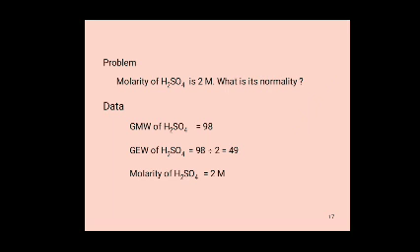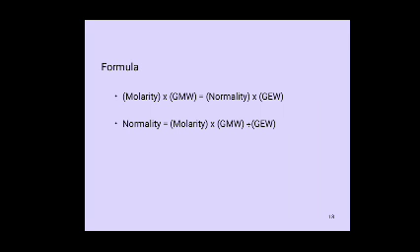Molarity is 2M. Formula: molarity into gram molecular weight is equal to normality into gram equivalent weight. Therefore, normality is equal to molarity into gram molecular weight by gram equivalent weight, 2 into 98 by 49, that is equal to 4N.